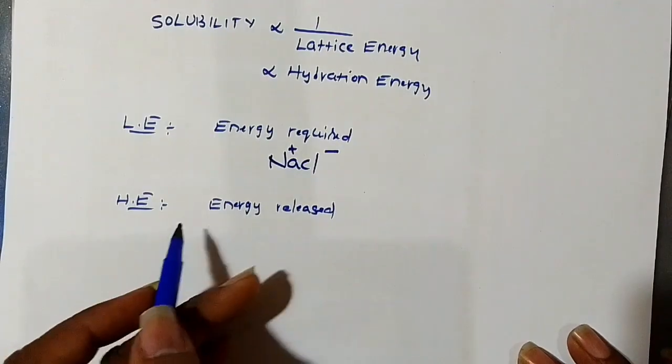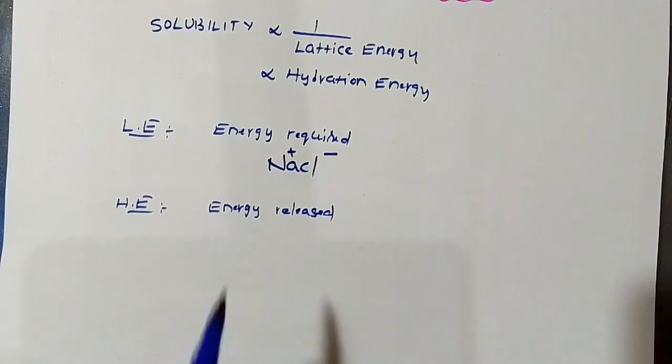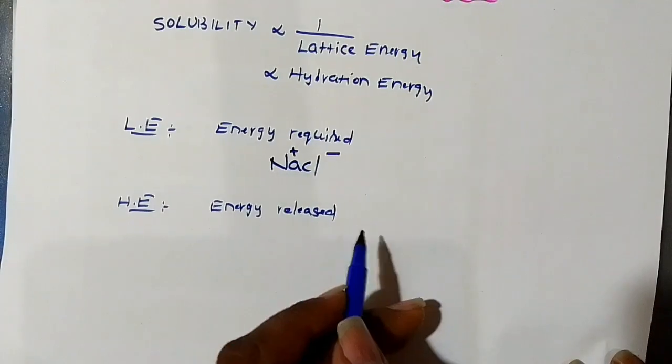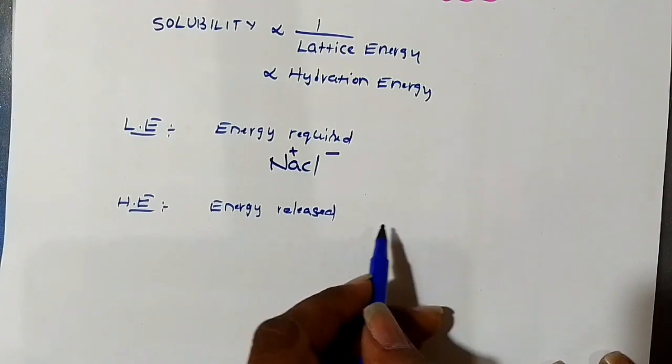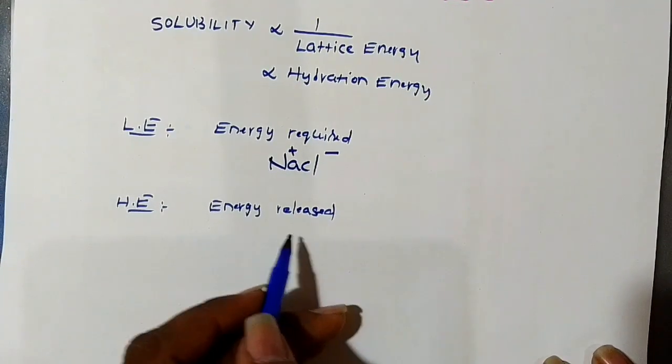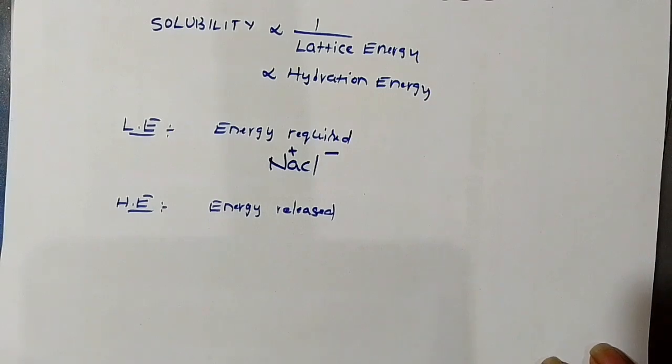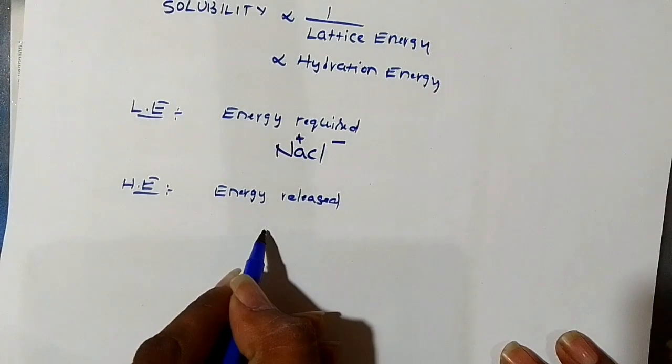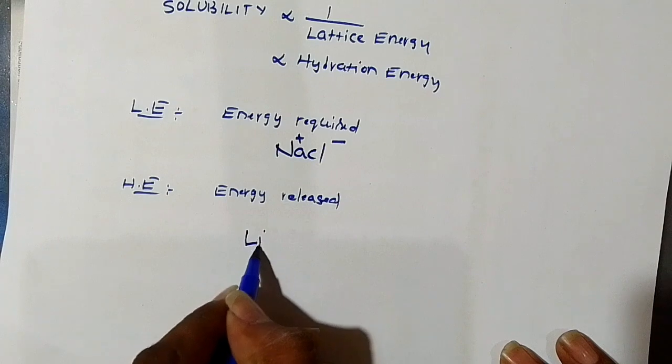Now coming to hydration energy, the amount of energy released when 1 mole of ions combines with water molecules is called hydration energy. For example, I have taken lithium ion.